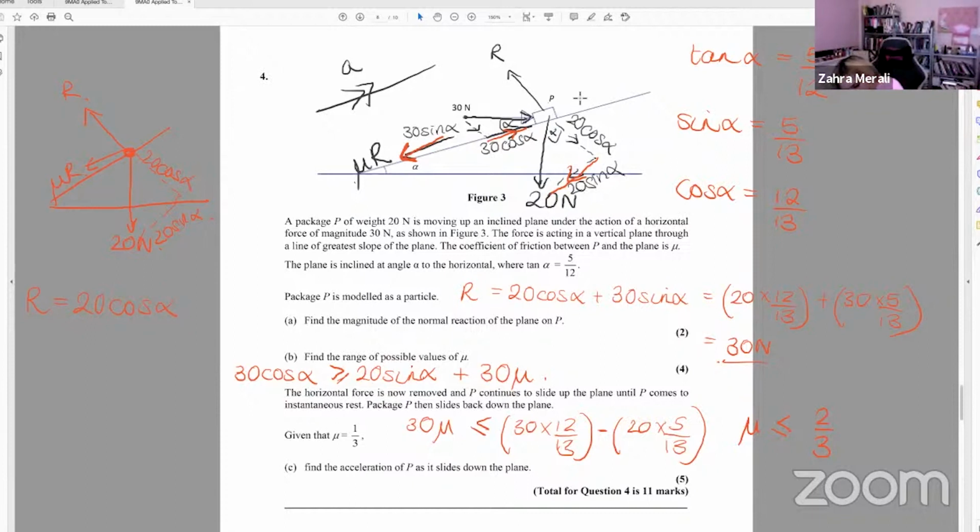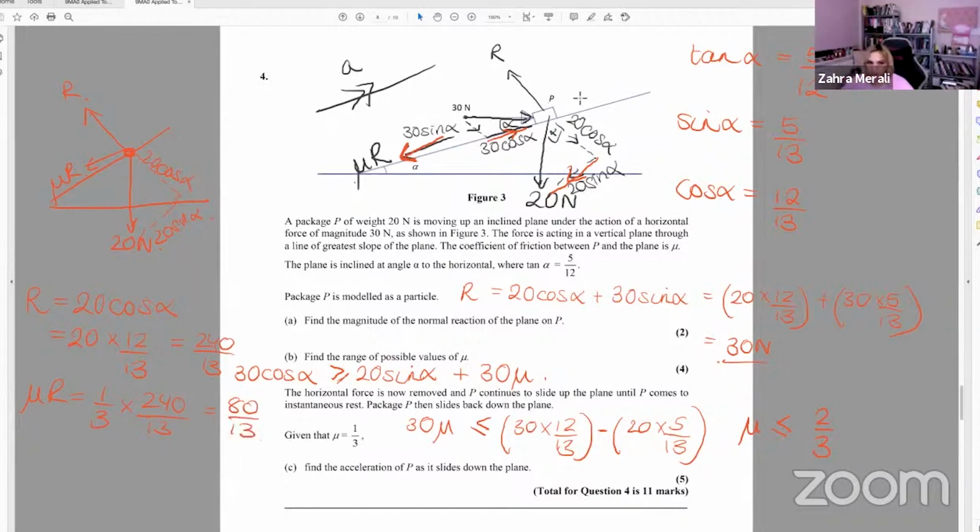So you'll get 20 times 12 over 13, which gives you 240 over 13. So mu R is 1/3 times 240 over 13, which gives you 80 over 13. So that's your new friction.